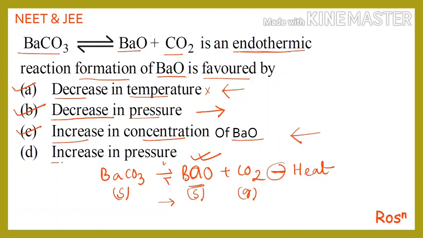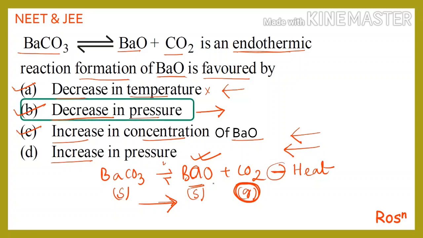Now if we increase the pressure, the reaction will go to this direction where it decreases the pressure. That means the reaction will go to the backward direction, because if we go to the forward direction the pressure is increased because the gas CO2 is formed. So the right answer is option B, decrease in pressure.